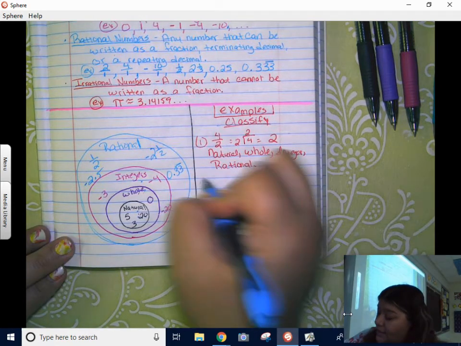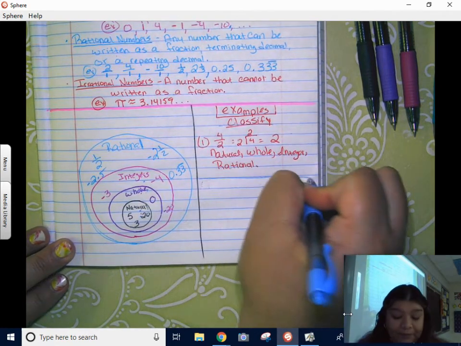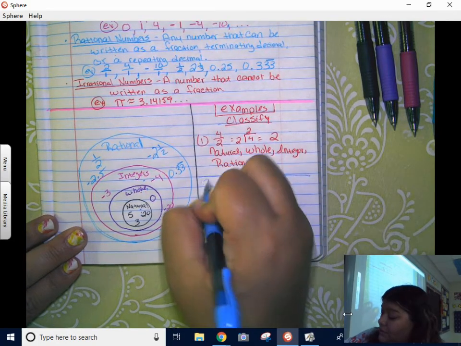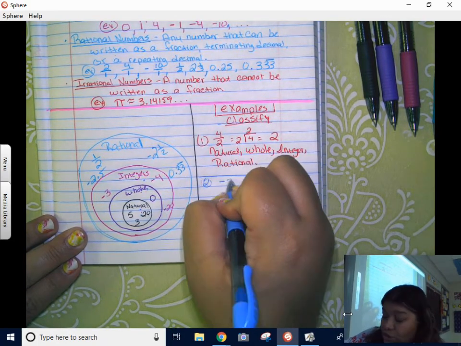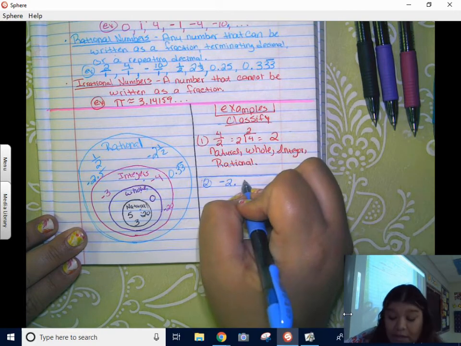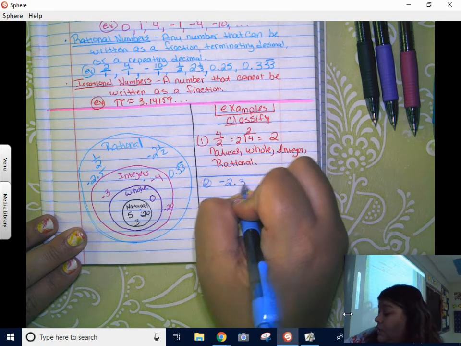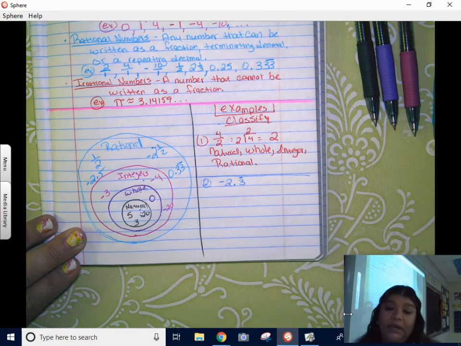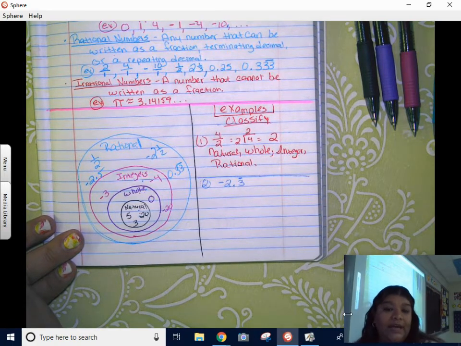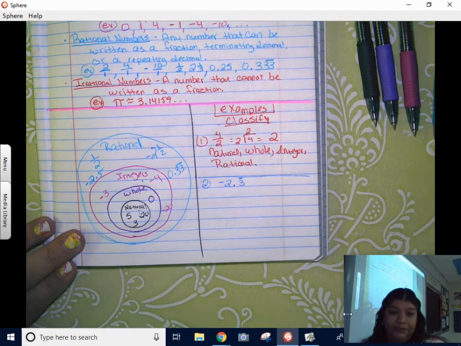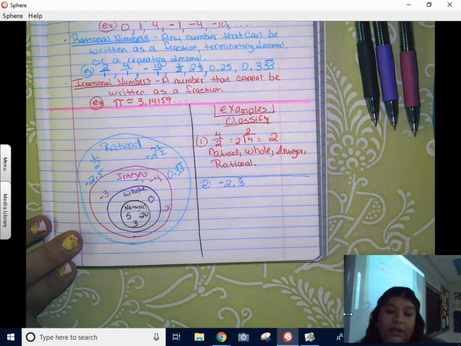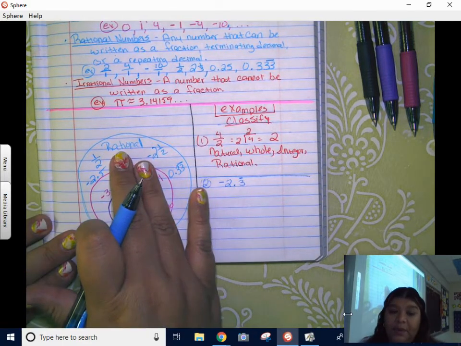All right. Let's see. How about -2 and 3/10 repeated? How would you classify that? You would classify it as a rational number.